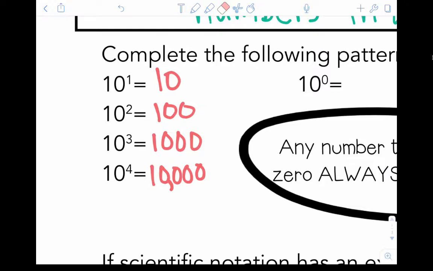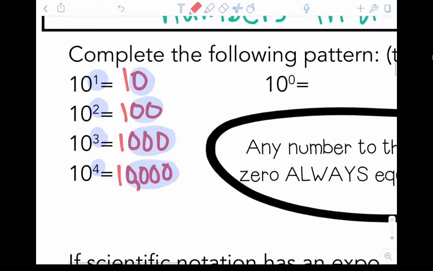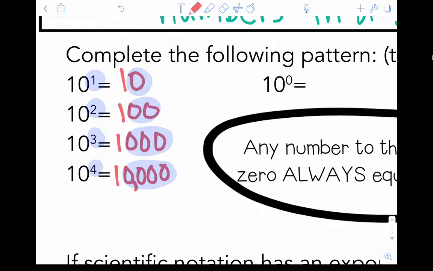Another thing that you might notice is that the exponent is the number of zeros. So 2 exponents, 2 zeros. Or an exponent of 3, 3 zeros. And then 4, there's 4 zeros. So using one of these patterns, what is 10 to the 0? Well, if we go backwards, we're going to divide by 10. So 10 to the 0 would be 10 divided by 10, which is 1.